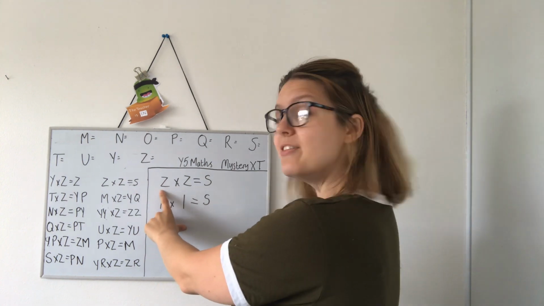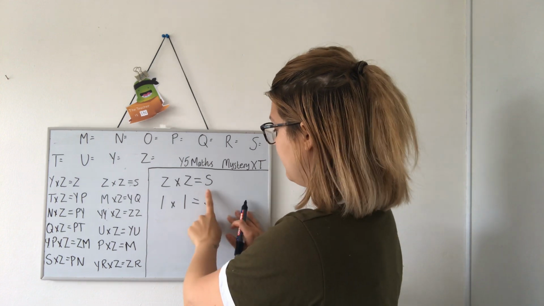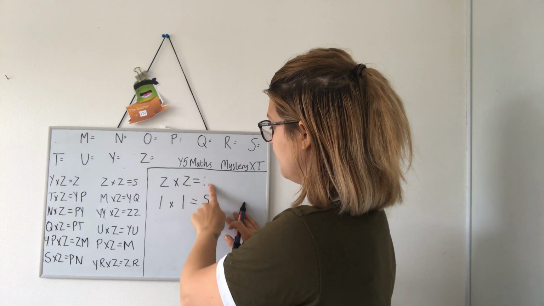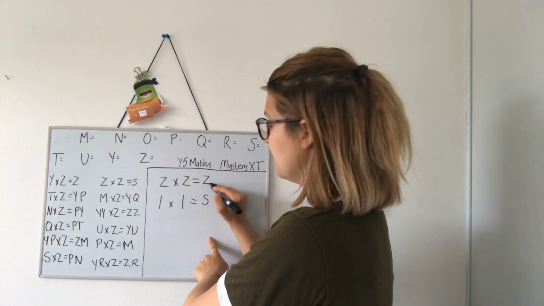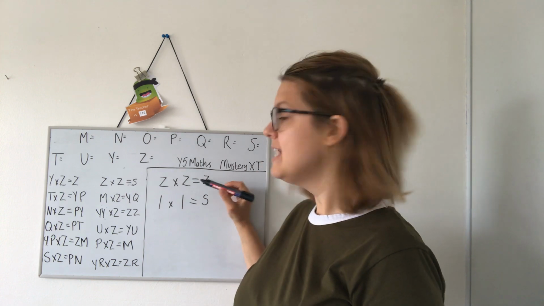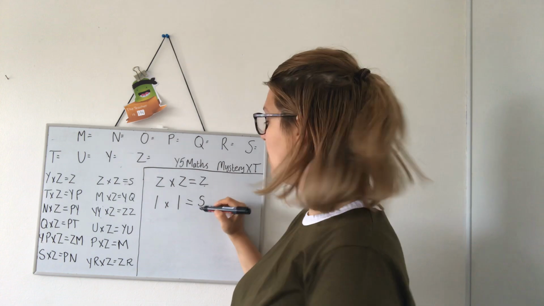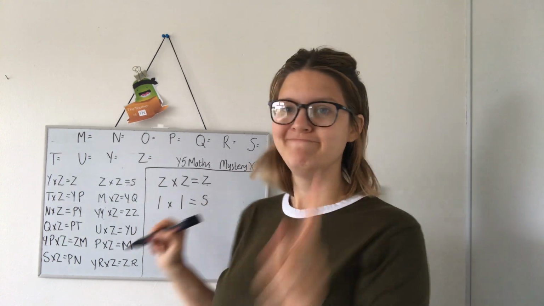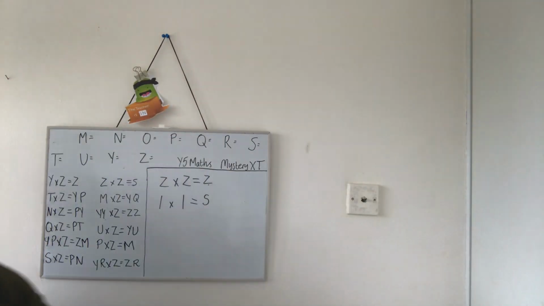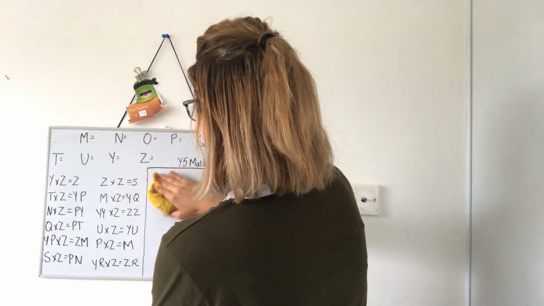And if I'm saying that z is 1, then that's what my math story would look like. It would be z times z equals z, and that isn't what I've got. So z can't be 1, can it? So let's rub that one out.